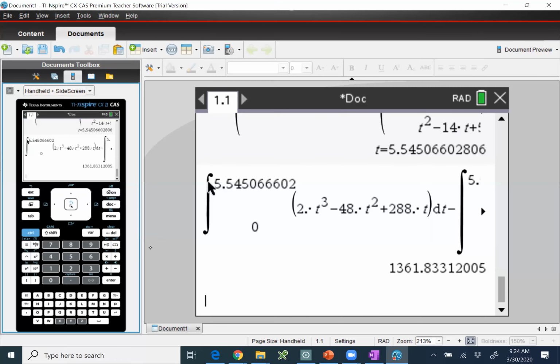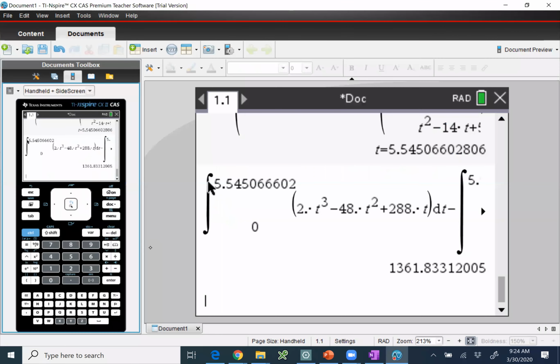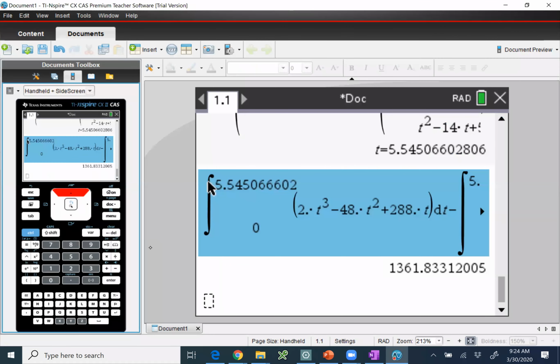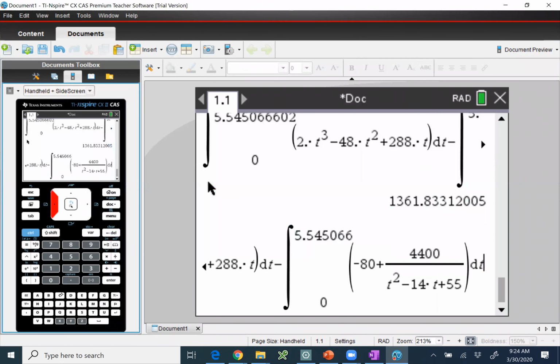And I didn't do it totally exact, so actually my answer is slightly different than the AP answer. So if you really want to make sure that we're doing this right, you would want to just copy paste that whole thing, because the more you round it, the more your answer differs.